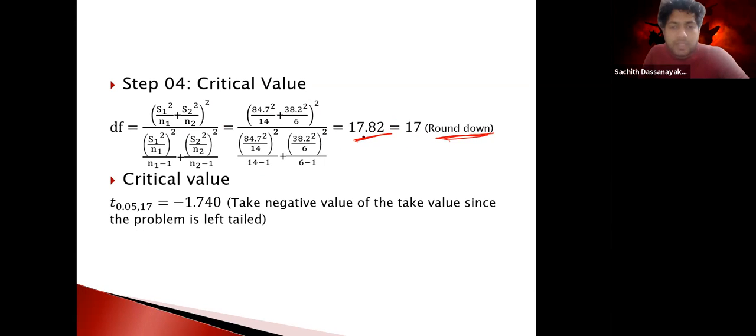So based on this value, here it is t alpha comma degree of freedom. Once you go to the t table, you can find the value, which is negative 1.74. Negative because of the left tail test.